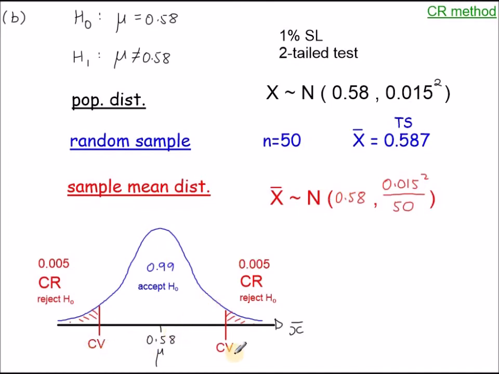So we now need to work out our critical values. The cumulative probability to the left of this line is here. The cumulative probability to the left of this line is this plus this, so 0.995. We're going to use those and use the inverse normal distribution on the calculator to work out these values. It's a simple process.